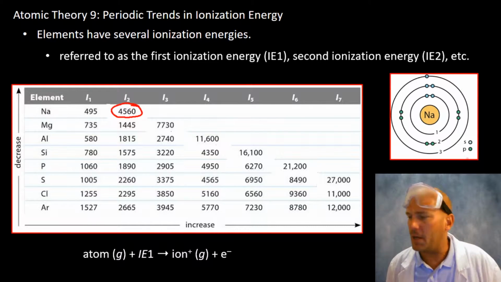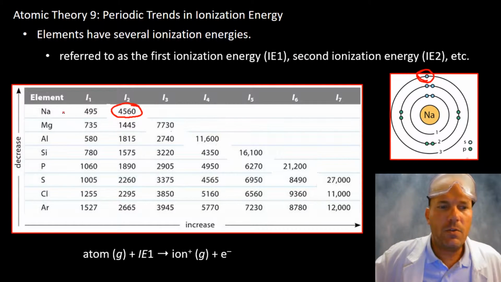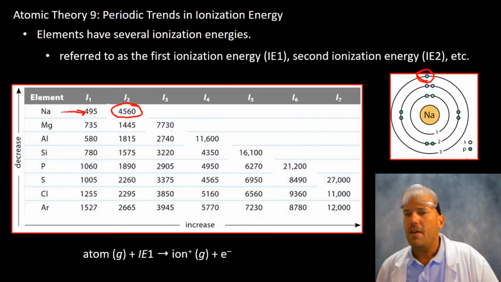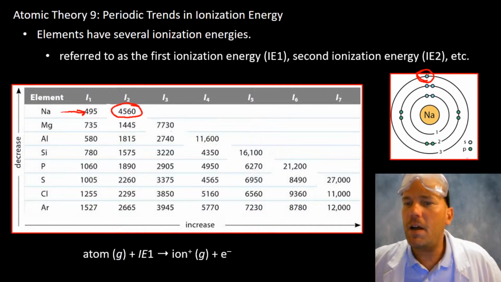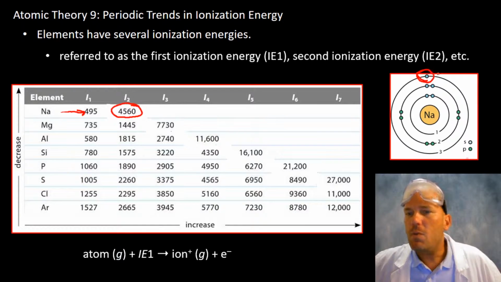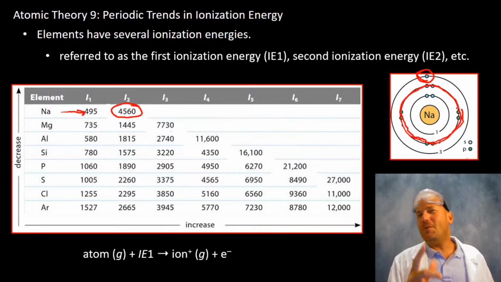Let's look at this Bohr model here. Sodium. Let's talk about this outermost valence electron, and that's corresponding with this value here in the table. So 495. That's the amount of energy required to remove this electron. Once that occurs, we drop down to this shell, and this shell is considerably closer to the nucleus.